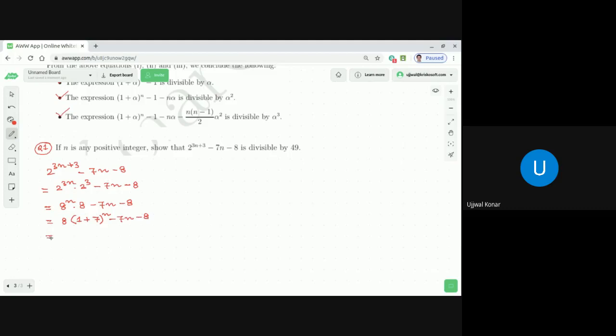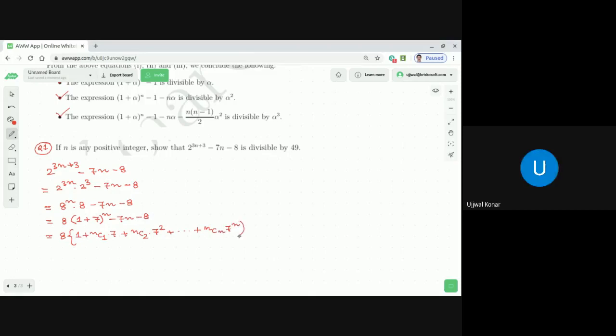That is equal to, now we can start expanding. How can we expand? 1 plus nC1 into 7, plus nC2 into 7 square, and in that way finally you will end up with nCn into 7 to the power n.